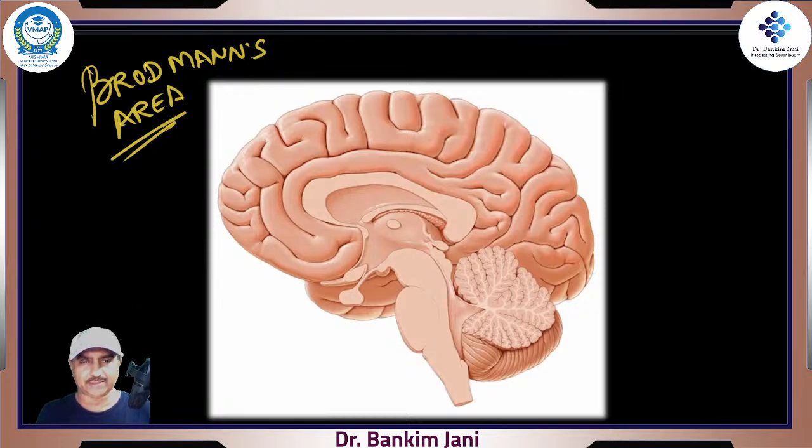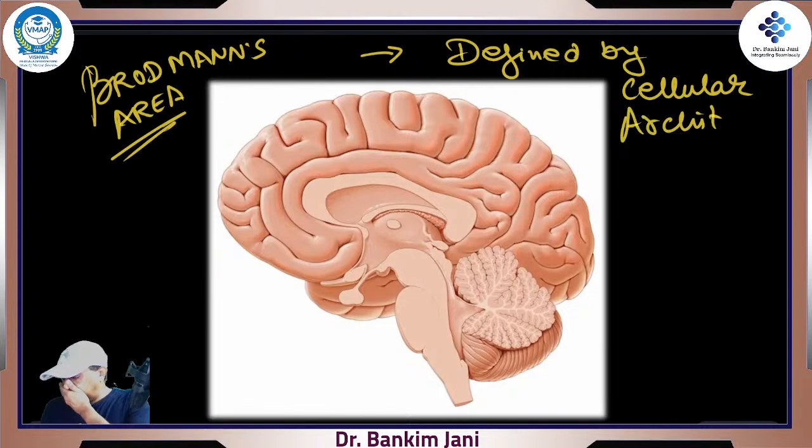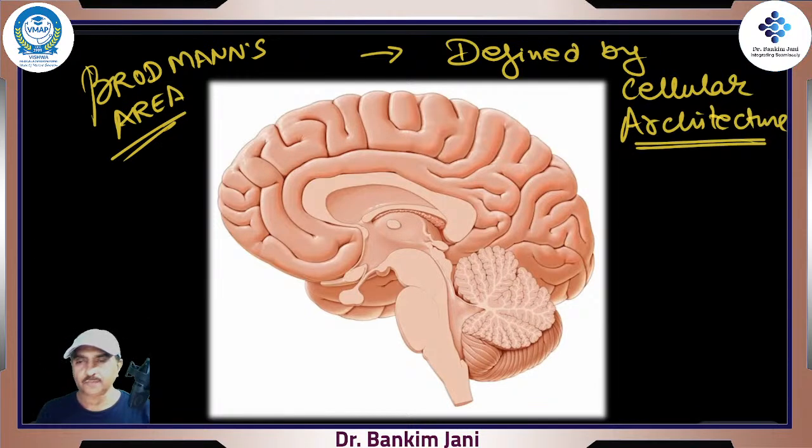You'll remember it by itself. But do these areas follow exactly the pattern of sulci and gyri? No. These Brodmann's areas are defined by cellular architecture. Literally histology, right? What type of cells?